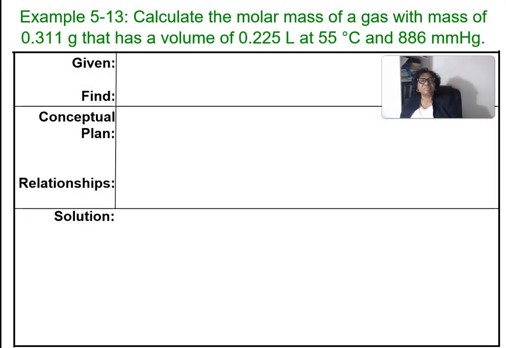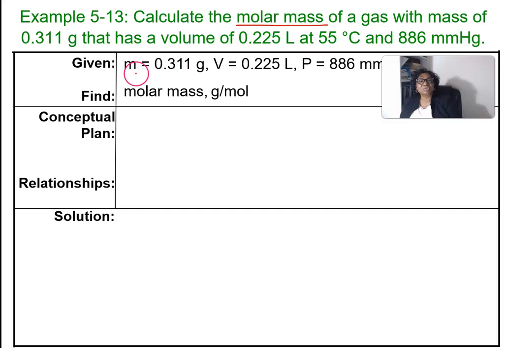Let's take another example. Calculate the molar mass of a gas with a mass of 0.311 grams that has a volume of 0.225 liters at 55 degrees Celsius and 88.6 millimeters mercury. We want the molar mass of the gas. So we have the mass, the volume, the pressure, and the temperature.